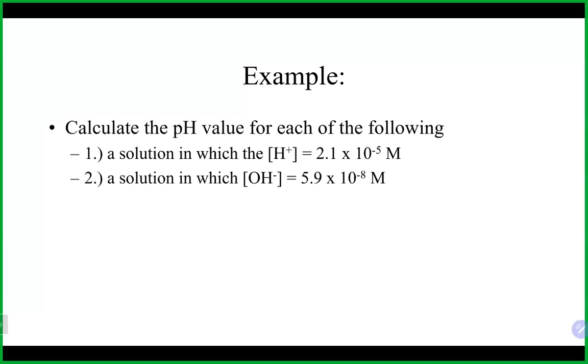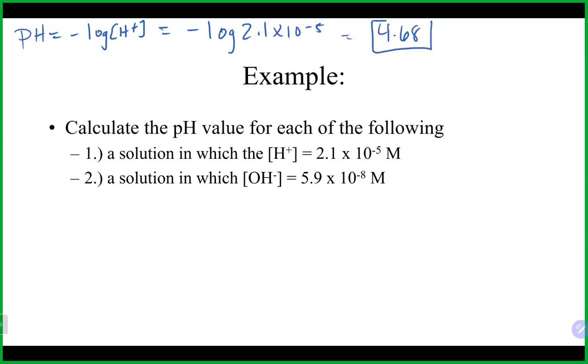So on the first one here, we're looking for a pH, and again, pH is equal to negative log of the H plus. We do have the H plus given to us, so we'll just go right in. And again, obviously punch it in correctly here. And if we do that, minus the log 2.1, making sure you use our exponent button and our negative, going to get us a 4.68 pH.